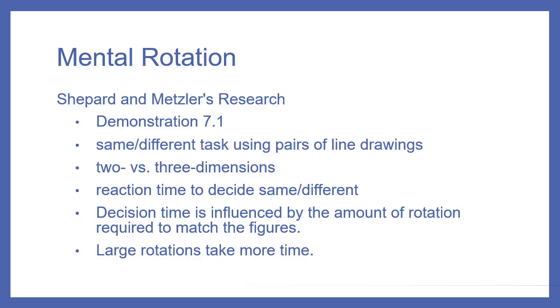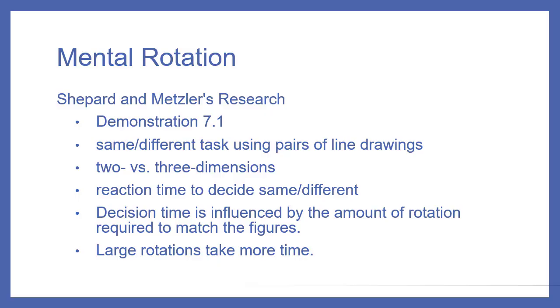In some cases, the shapes are just rotated on a two-dimensional plane. Like if you stuck your hand out and just twisted it, you could rotate it like it was on a wall or something like that. The other one, B, is an example of a three-dimensional rotation where the rotation is not just spinning it around left and right like a dial, but it has to rotate front to back also to determine if they're the same shapes.